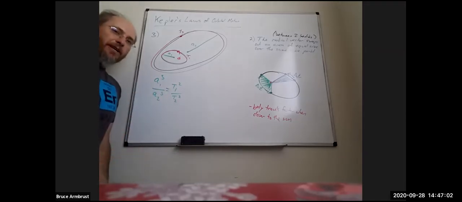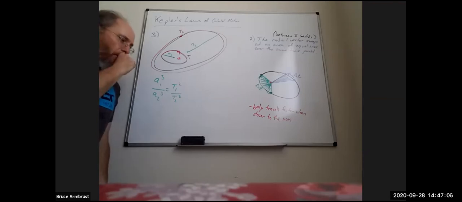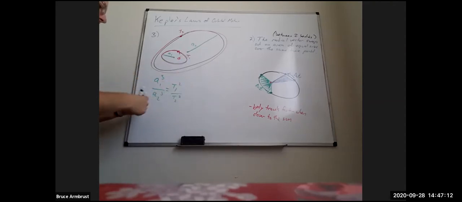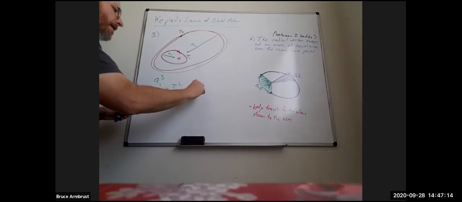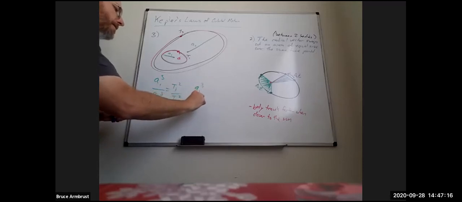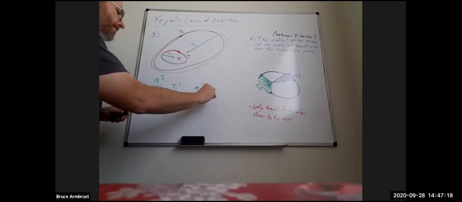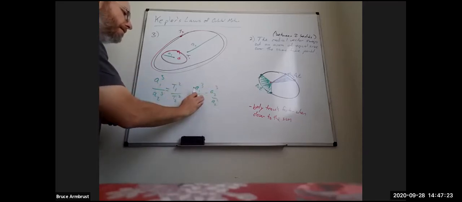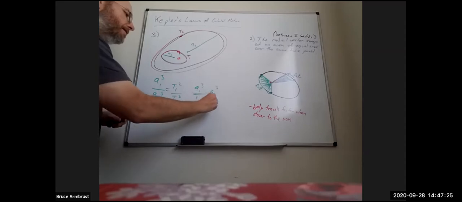You notice I didn't try putting it into words because writing it out is kind of a pain. Right? But sometimes you'll also see it if I switch things around, so I've got the ones together and the twos together. I've got A1 cubed over T1 squared is equal to A2 cubed over T2 squared.